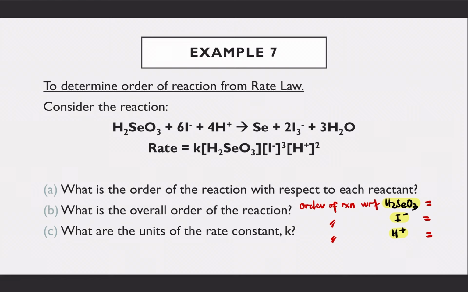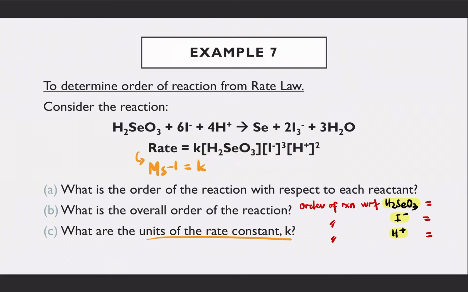Okay. What are the units of rate constant K? So for the unit, how are we going to find it? This one I will show you again. Rate, we know that the unit will be fixed. It will be molar per second, right? So you want to find the unit of rate constant K. So write down K. For your concentration, it will be molar.